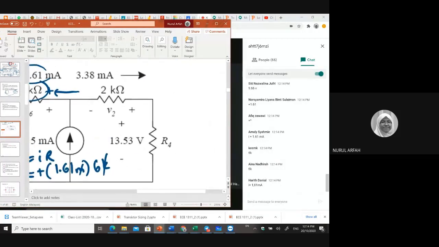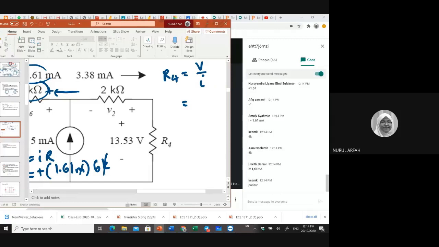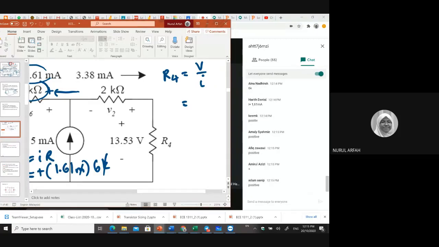Okay, now what is R4? R4 here. R equals voltage divided by I, okay. Do you think this is positive or negative? Just write down in the chat box. Yes, someone says positive. Anyone says negative? Okay, good. Why positive?